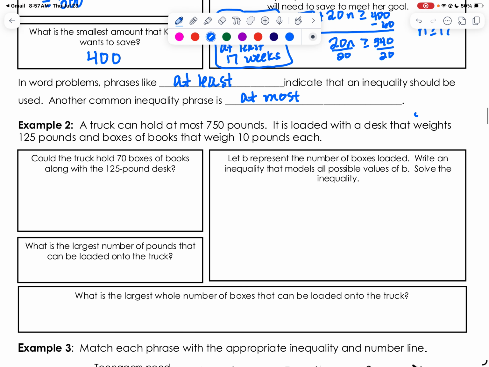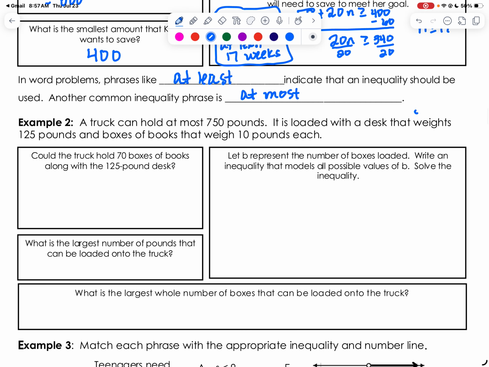In example 2, it says a truck can hold at most 750 pounds. It is loaded with a desk that weighs 125 pounds and boxes of books that weigh 10 pounds each. Could the truck hold 70 boxes of books along with the 125-pound desk? Well, let's see. We have the 125-pound desk, plus we're going to add 70 books that weigh 10 pounds each.